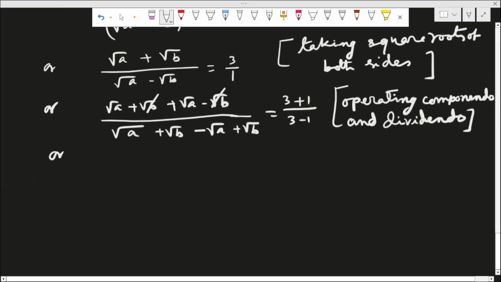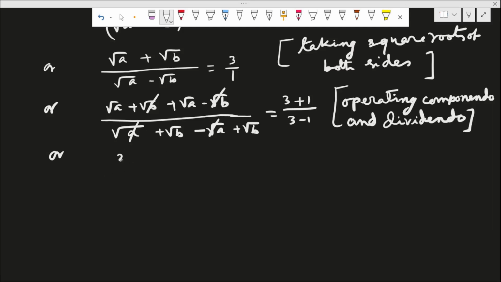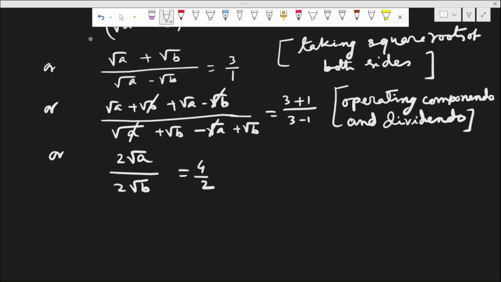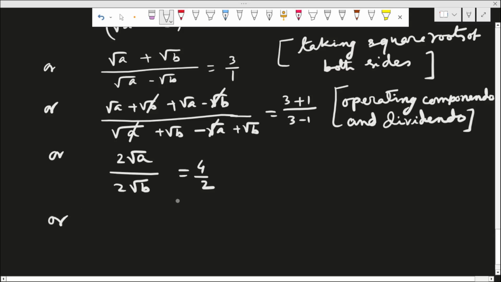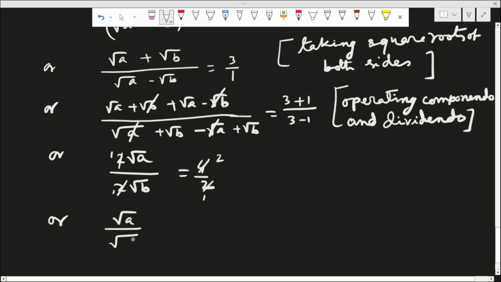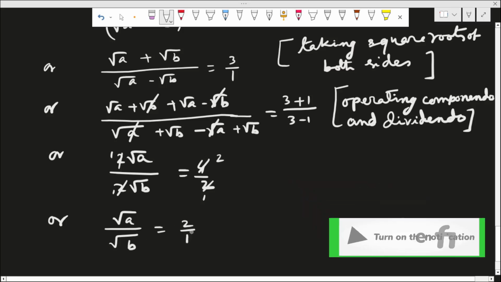Here root B cancelled out in the numerator, root A cancelled out in the denominator: 2 root A by 2 root B, equals 4 by 2. The 2s cancel out, so root A by root B would be 2 by 1.